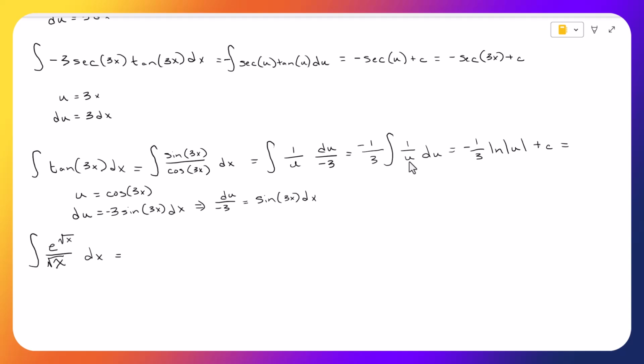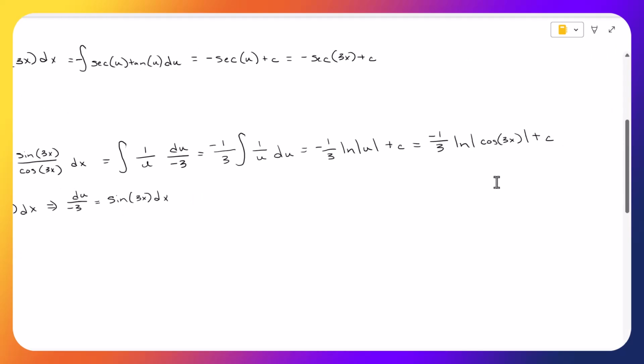That was cosine of 3x plus c. And this is our final answer. Negative 1 over 3, the natural log of the absolute value of cosine of 3x plus c.